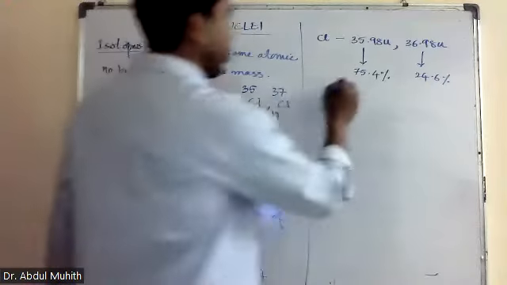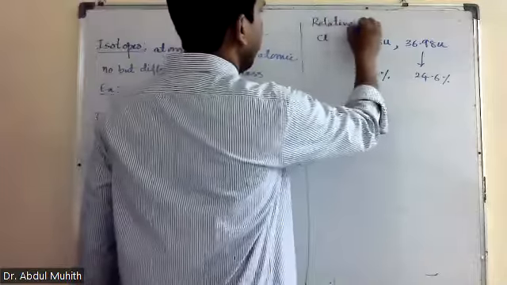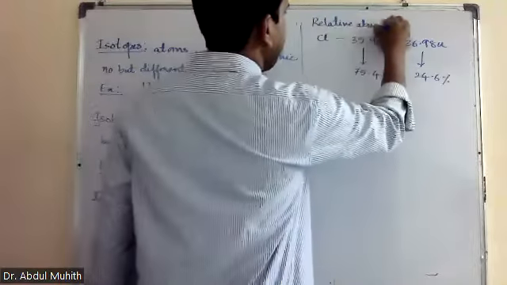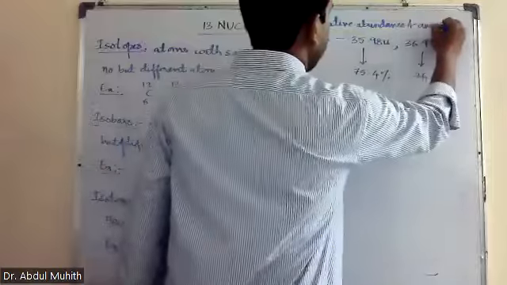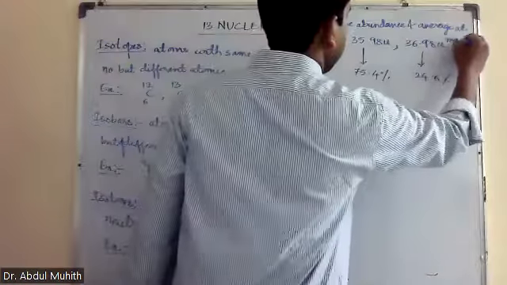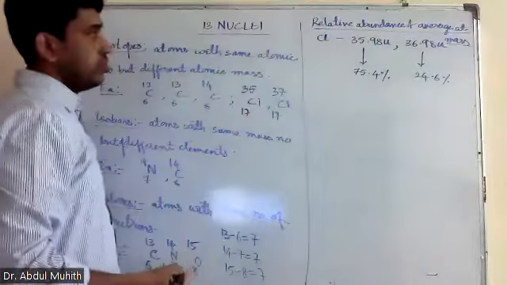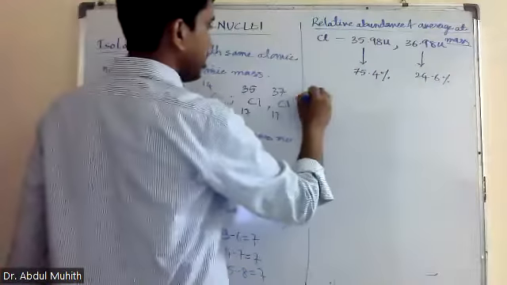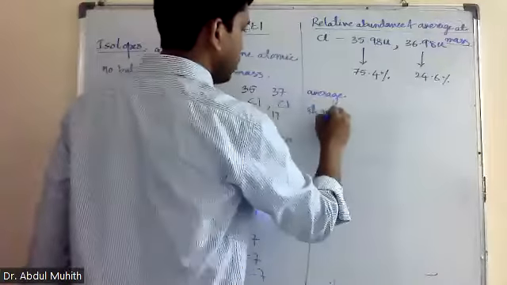So this is relative abundance and average atomic mass. How do we find the average atomic mass? Just multiply.